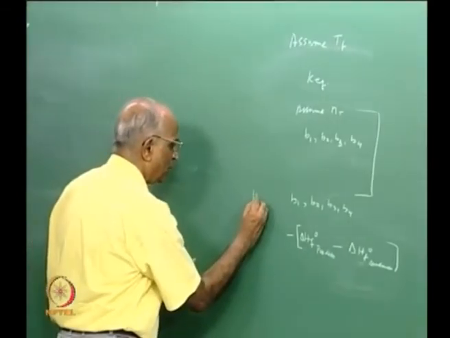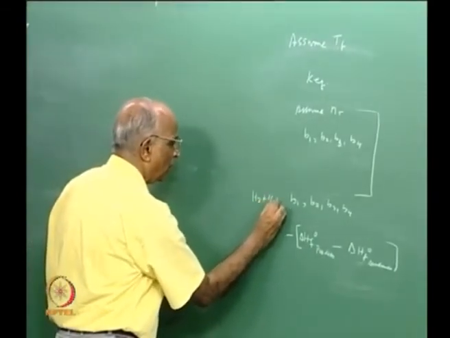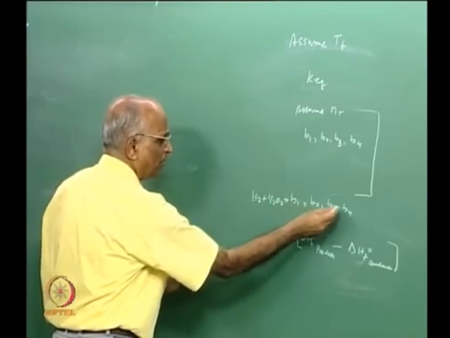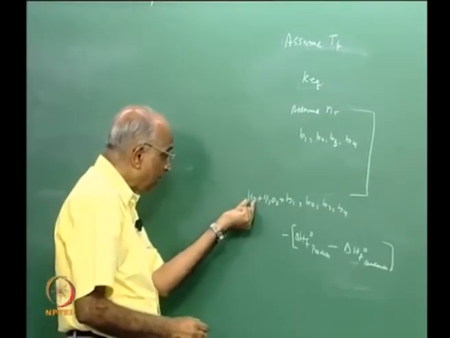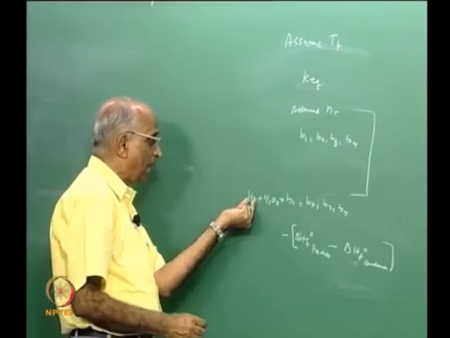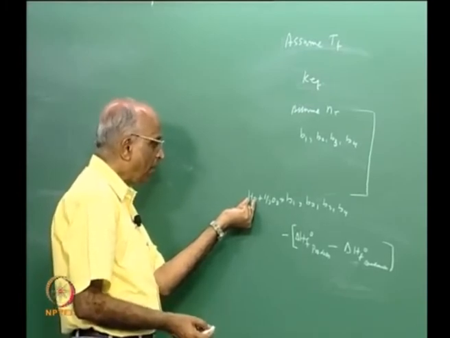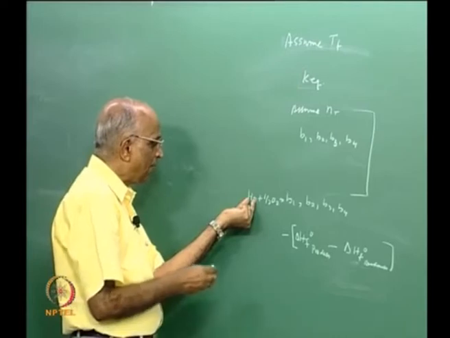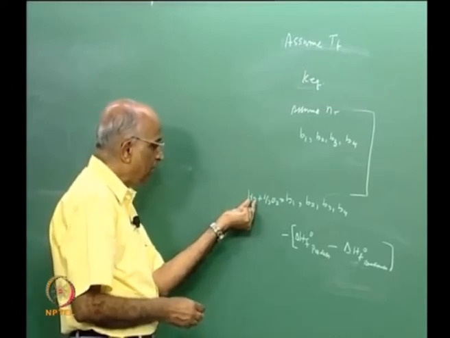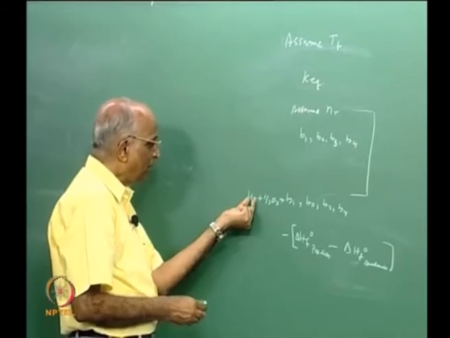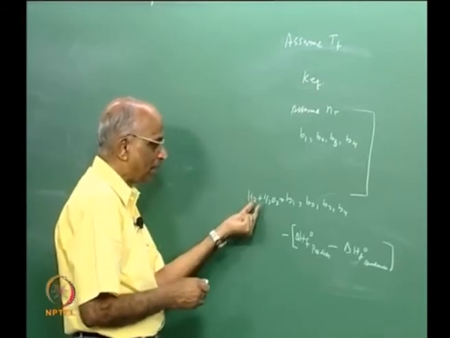It goes into taking, we had the reaction H2 plus half O2, it gave me B1, B2, B3, B4. Therefore, I take the initial state may not be the standard condition. Part of this heat goes into the enthalpy required to convert the condition of, let us say, hydrogen from its original condition to the standard condition.